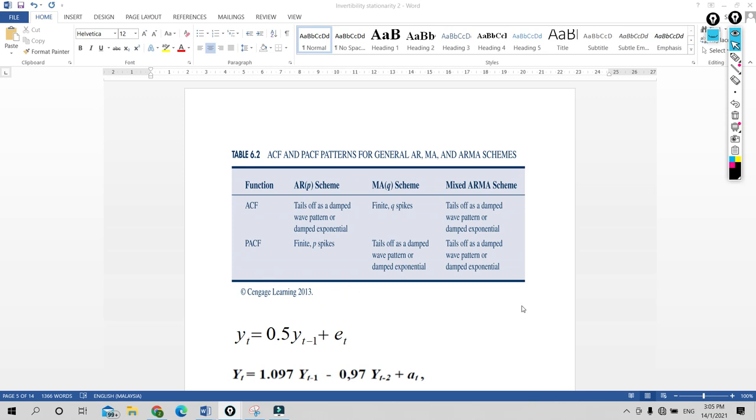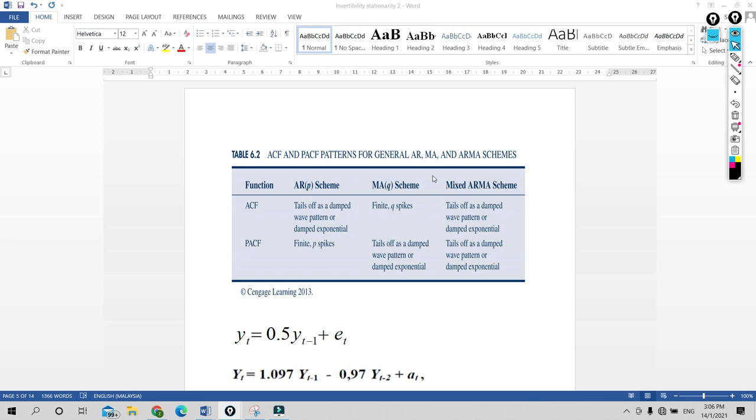Now for the ACF function, if the ACF graph tails off, then we can consider the model to be an AR model.